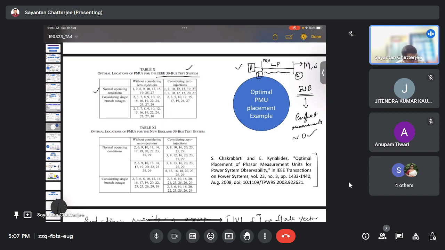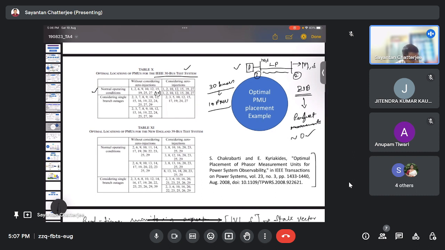In such a scenario, what we can observe is that 10 PMUs are required to make the system completely observable. It means the 30 buses are observable by only 10 PMUs. If we have only 10 PMUs, then the entire information of all the buses would be available to the monitoring or control room.